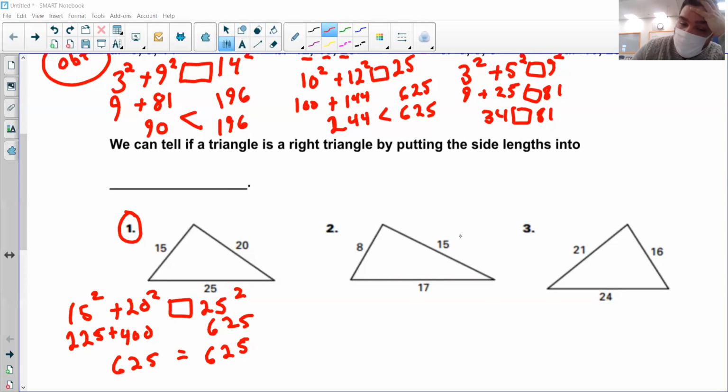Okay. After you do 1, you could try 2 and 3. I agree, Sheldon. I agree, Morty. Which one are you talking about, Morty?